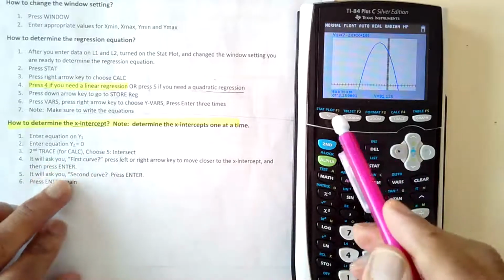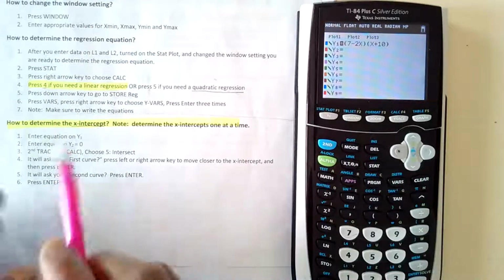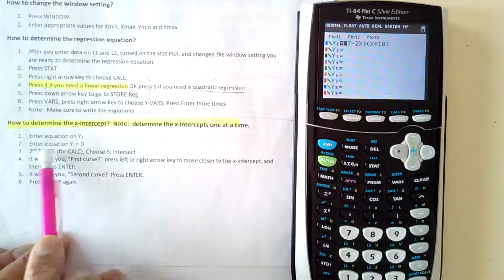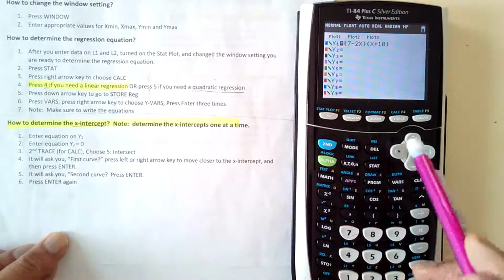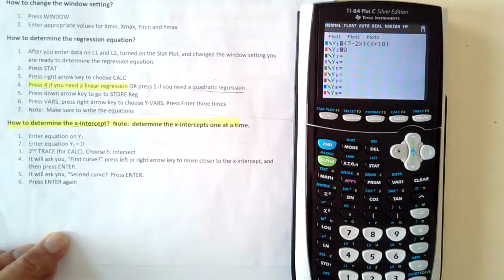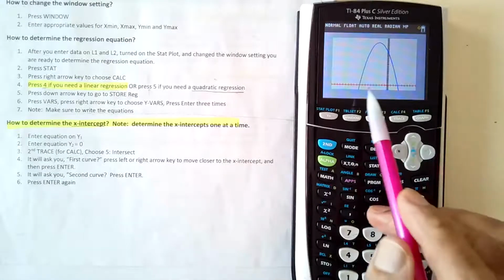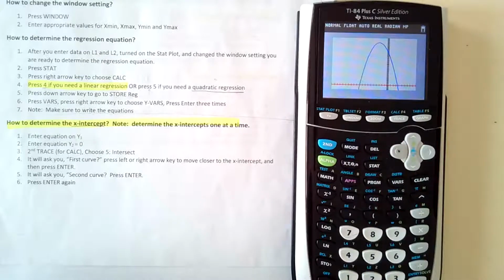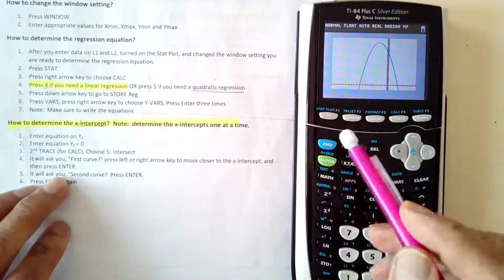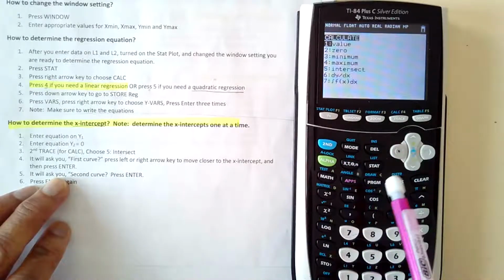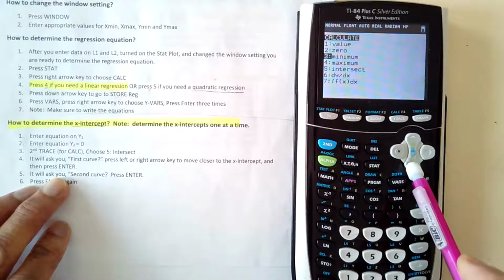So we have our equation. First equation is given. Now the next step, enter y in y2, y equals 0. So we graph that. And here's your y equals 0, which is a line through the x-axis. Then second trace, I'm going to find intersect.